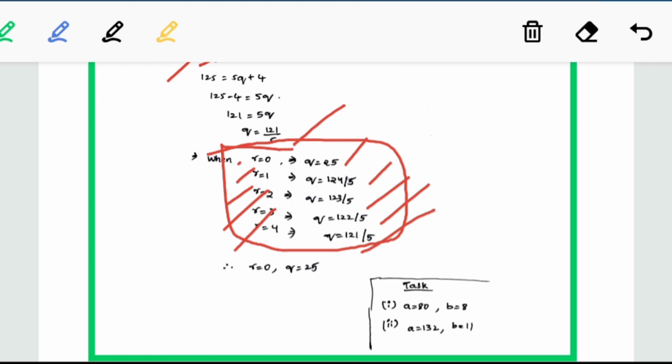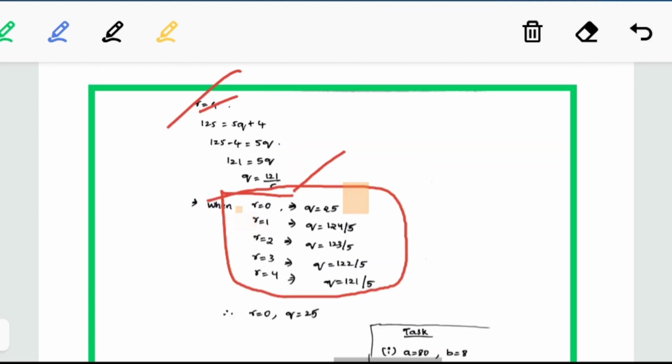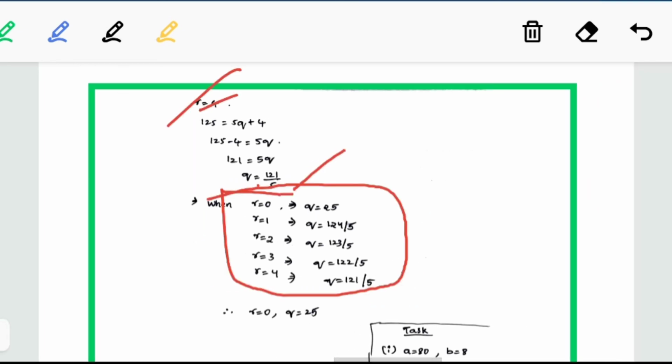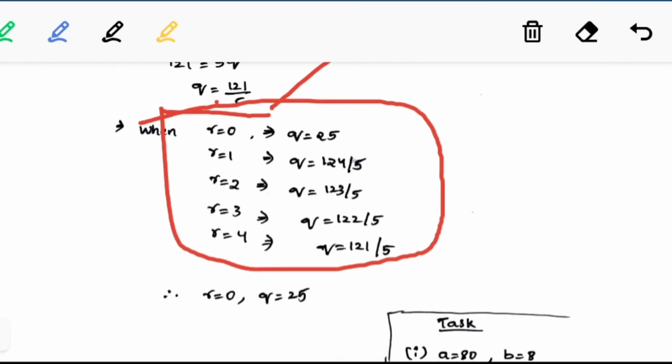So among these q and r values, we need to choose the values where both should be integers. Among these, 25 is an integer, and 0 is also an integer. So we can choose r equal to 0 and q equal to 25.